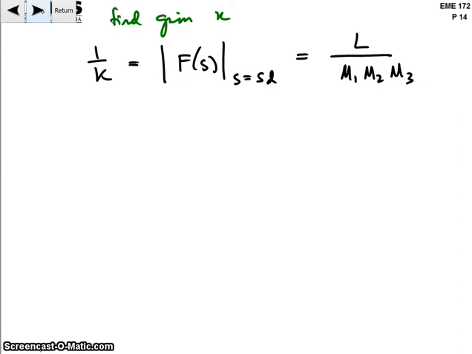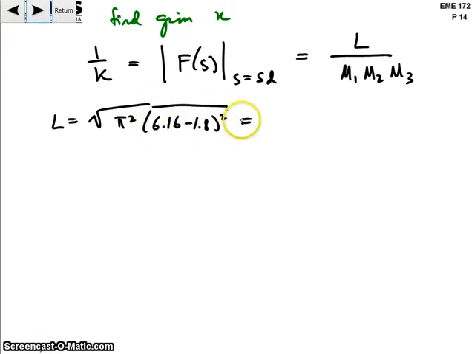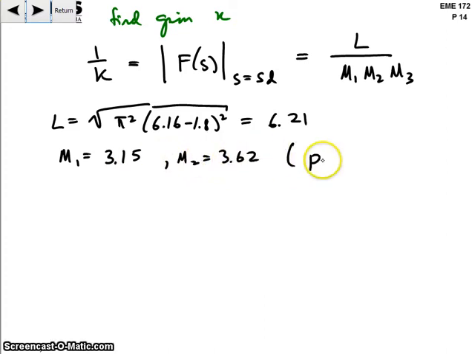And so if I plug in numbers, I have L is equal to the square root of (pi squared plus (6.16 minus 1.8) squared). That's equal to 6.21. And M1 is, I already calculated in the previous example, and M2, 3.62. So both of these are from the previous PD design.